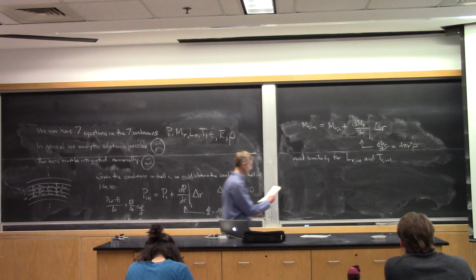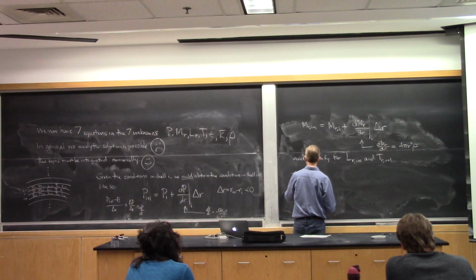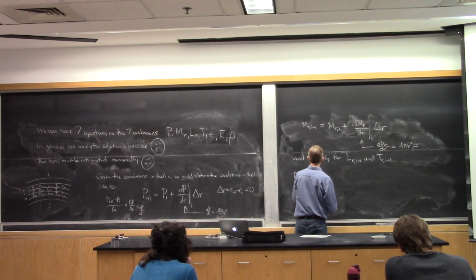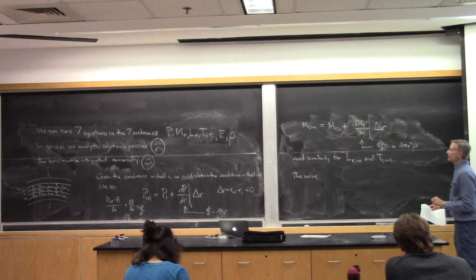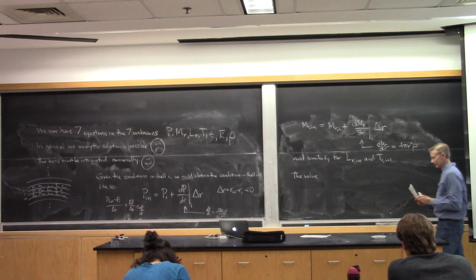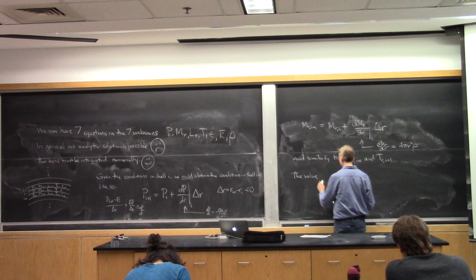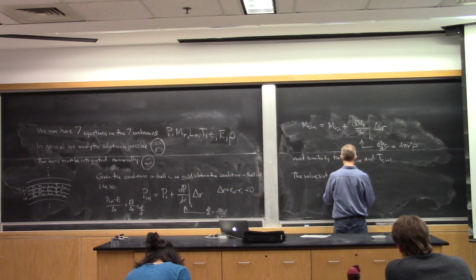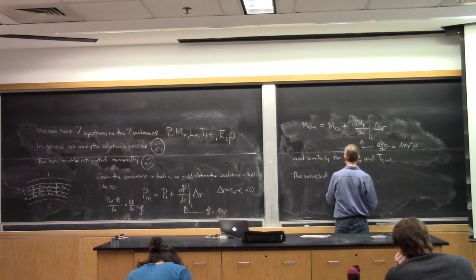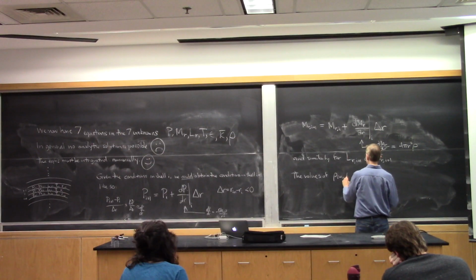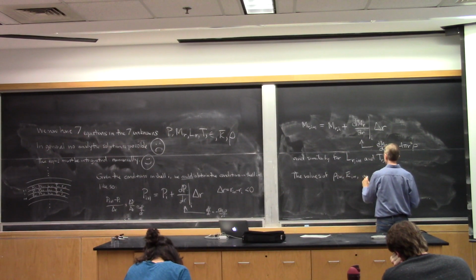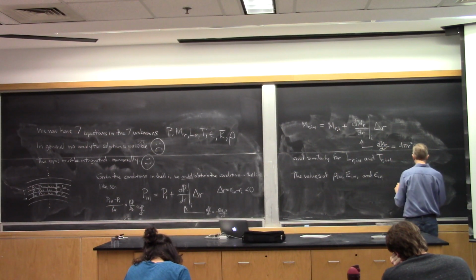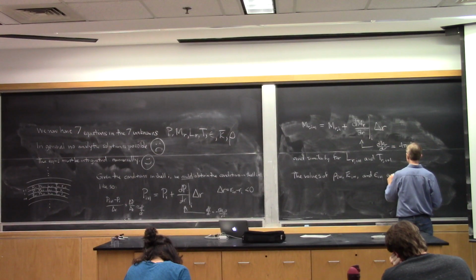And once we've used those equations which tell us those important derivatives, we can use the constitutive relations to get the other variables. The values of rho i+1, kappa bar i+1, and epsilon i+1 are then obtained using the constitutive relations.